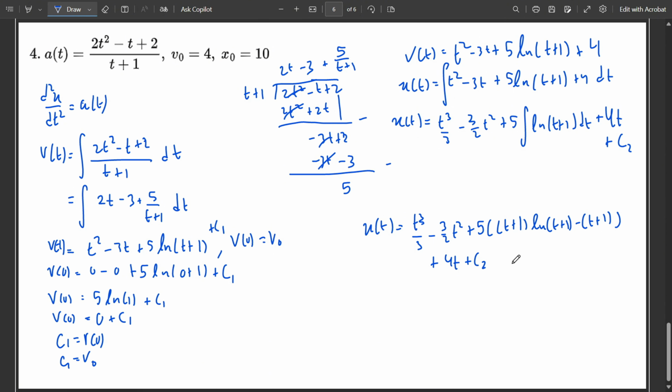Okay, let's figure out x of 0, which is equal to x initial.